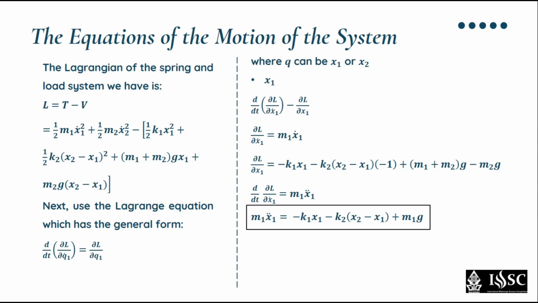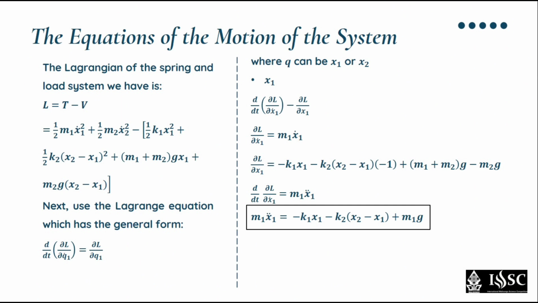Partial L divided by partial x1 equals minus k1 x1 plus k2 (x2 minus x1) plus (m1 plus m2) g minus m2 g. d divided by dt of partial L divided by partial x dot 1 equals m1 x double dot 1.